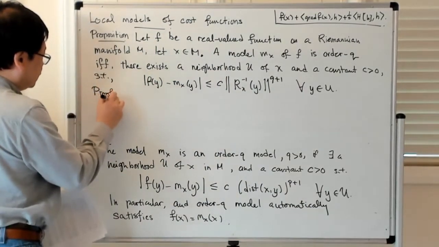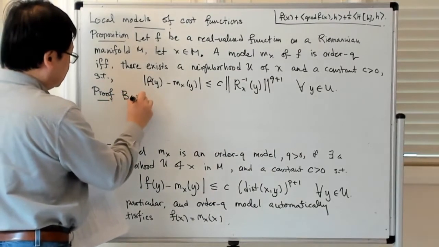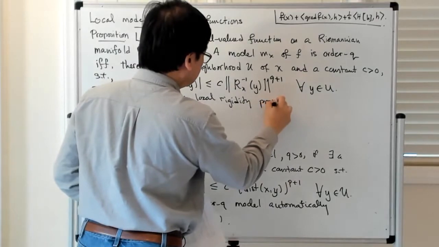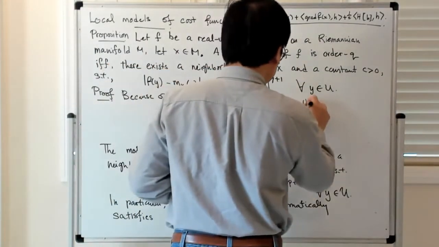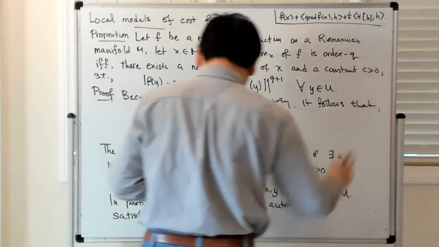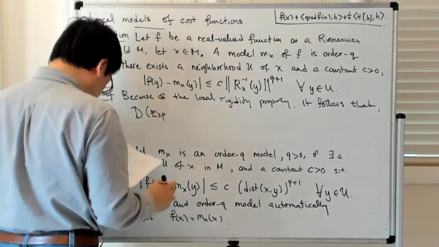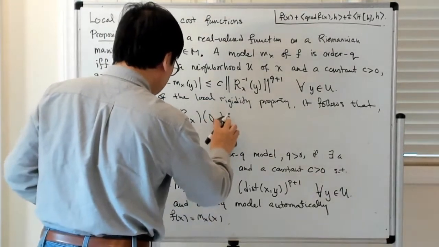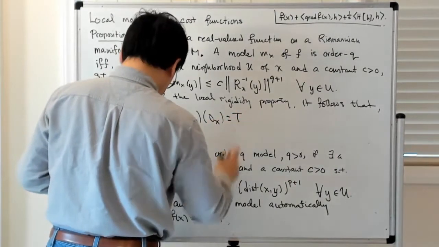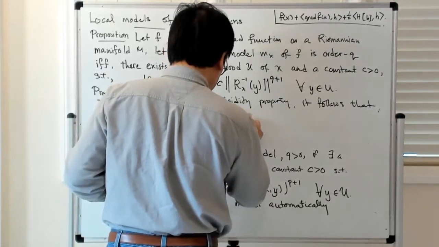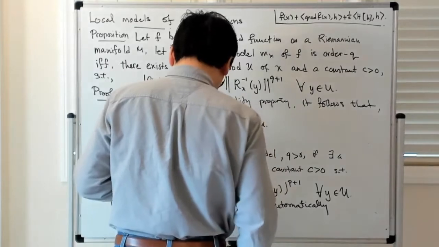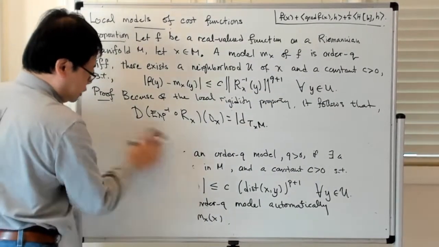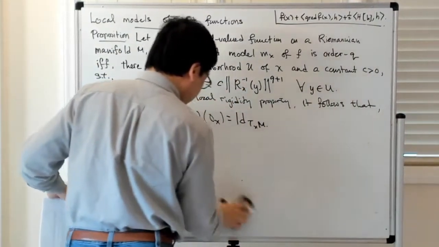Okay, so let me just prove this. Because of the local rigidity property, it follows that the derivative of the exponential inverse composed with the retraction at the point 0_x is the identity map on T_x M. What that means is that you can say something about the operator norms associated with this.